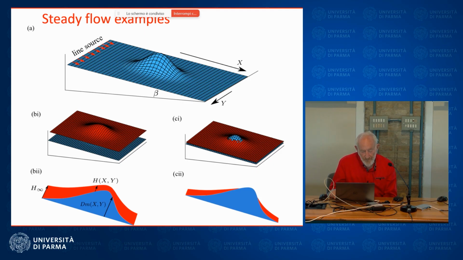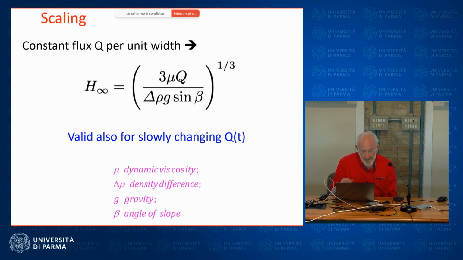But you can have situations, as you see on the bottom right hand, where the topography is sufficiently high that the lava flow doesn't get to the top and it has to go around it.